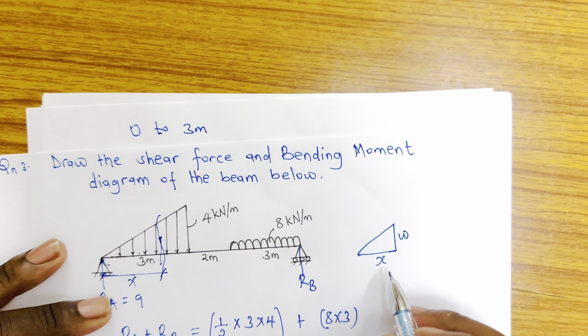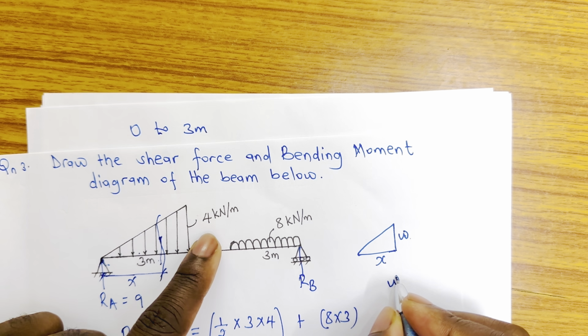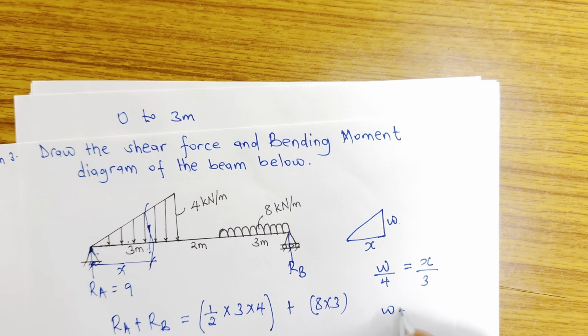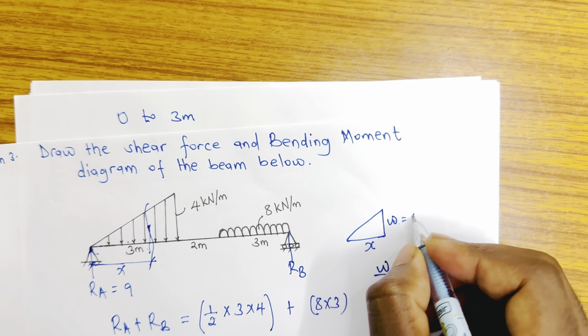If I call this part W, comparing by similarity, W out of 4 will be the same as X out of 3, which is for the bigger triangle. Now if I make W the subject, this is 4x out of 3. So that means this small triangle's height is 4x out of 3.